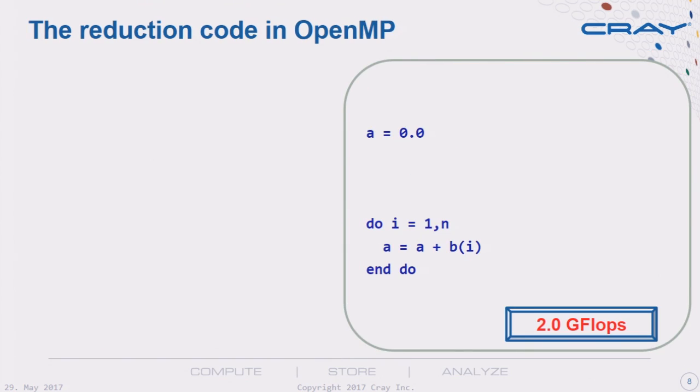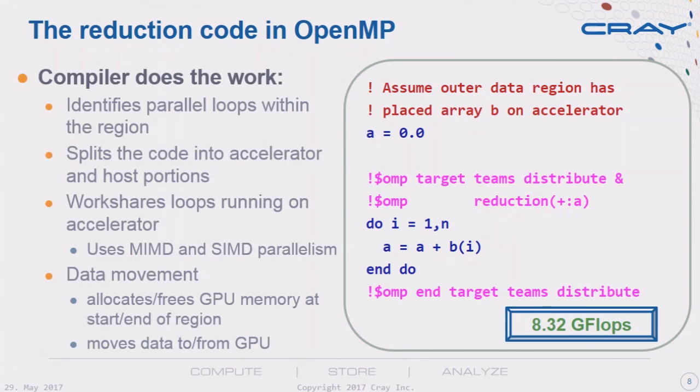Now we want to do the same with our directives. We again start with this simple code, and then I will go into more detail on the actual meaning of the directives. We add just this one directive, which means that we want to distribute this on the GPU, and you need to mention that this is a reduction.